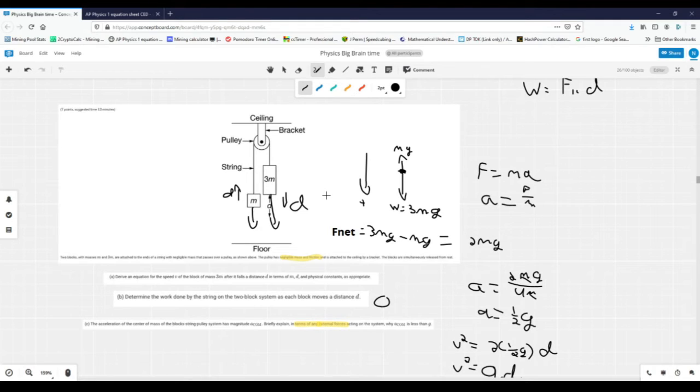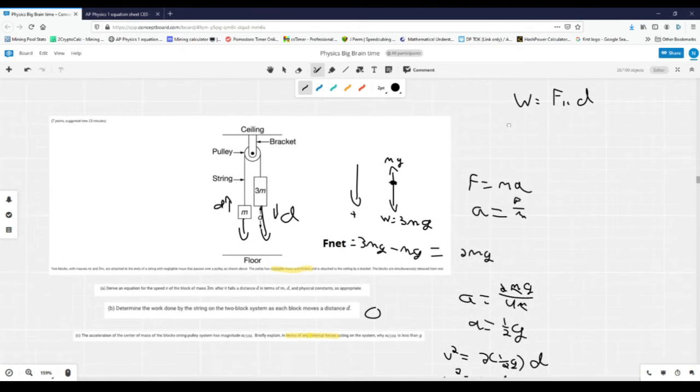Another way to explain it, which is how I would personally have explained it, is that the work done by gravity on the 3M block is positive, whereas the work done on the M block is negative. So you have two gravitational forces that are doing opposite energy on the system, and so they're opposing each other. Can you repeat your explanation? The work done, remember we said over here, is force parallel to distance, right?